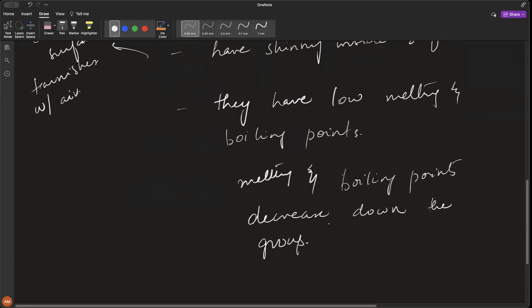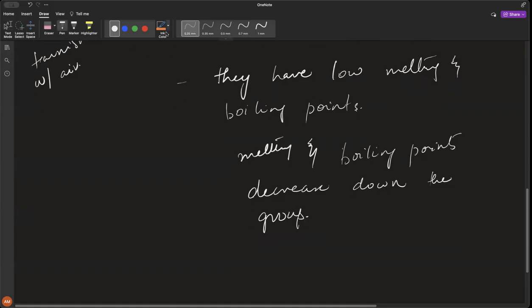Do you understand? Why? Due to weakening of the electrostatic force between the ions. We know the metals have metallic bonding, right? So the melting and boiling point decreases down the group.